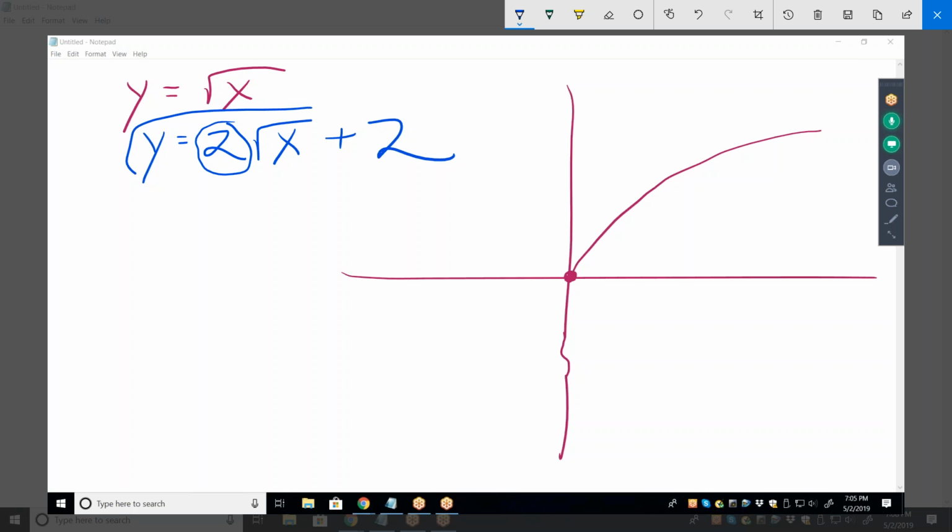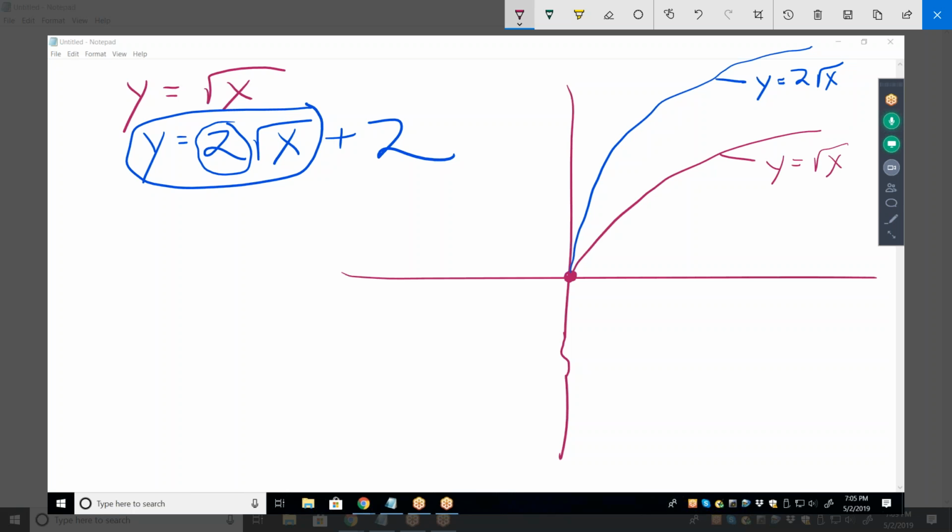So if I'm plotting just that, notice that every point on the blue curve is twice as high as every point on the red curve. At least it's supposed to be. So this would be y equals root x. This is y equals root x. Okay.